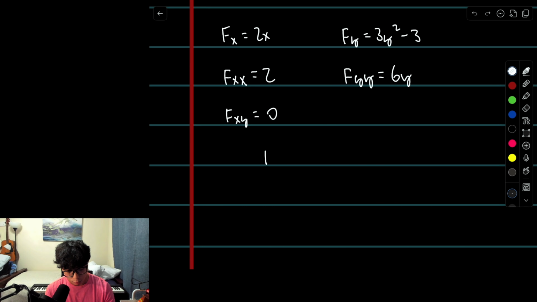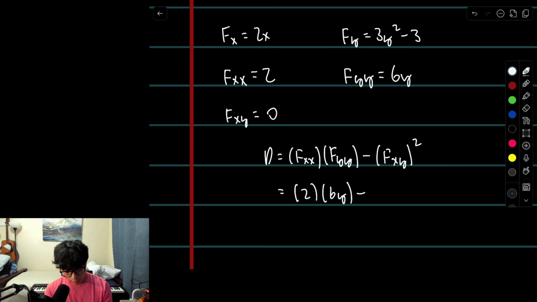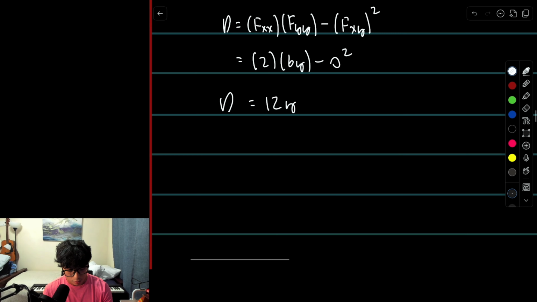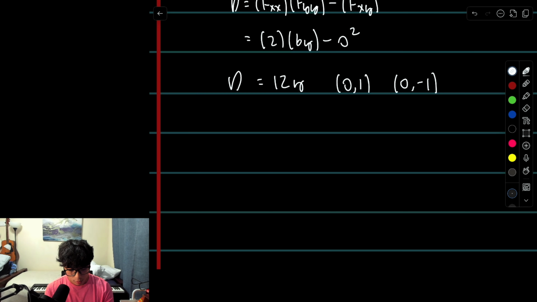Now plugging into our formula of our discriminant, which equals the second derivative of x times the second derivative of y minus the mixed derivative of xy squared, we get 2 times 6y minus 0 squared, leaving us with 12y as our discriminant. Now since we know our points being (0, 1) and (0, negative 1), we could see how each of these points fit our discriminant.